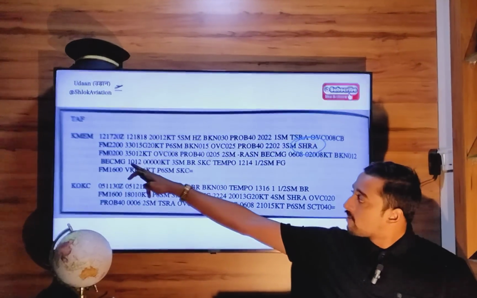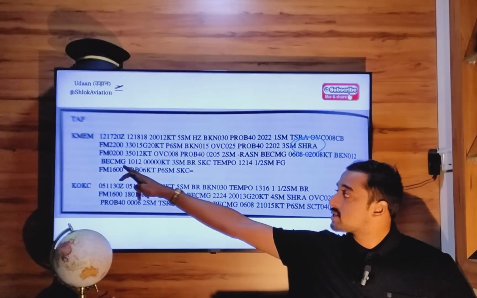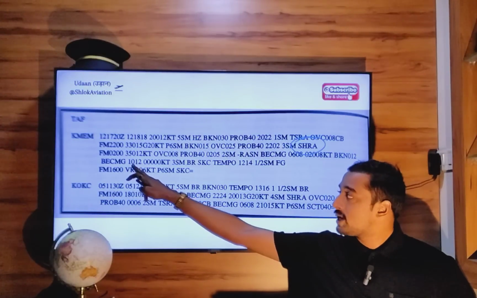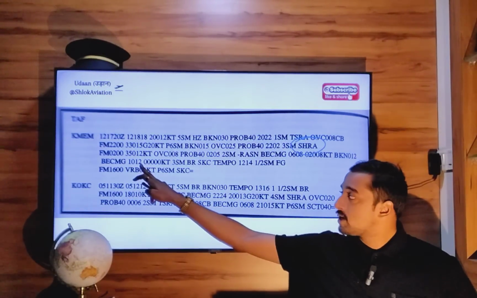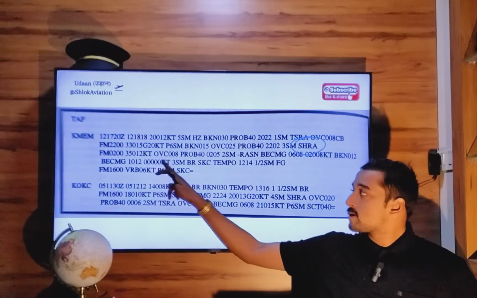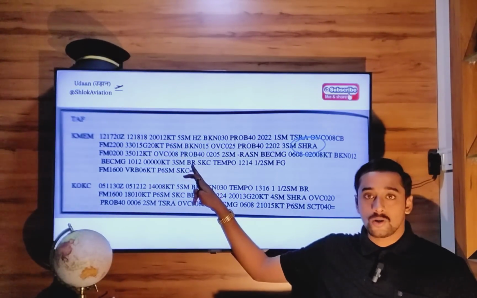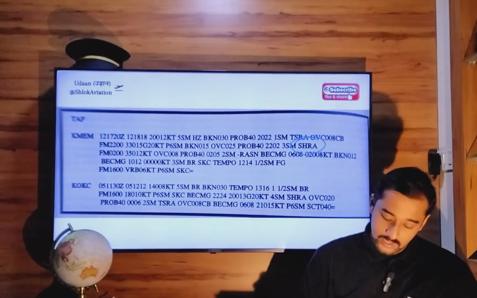So over here, BECMG means becoming. So this weather will change or will become from 10 o'clock to 12 o'clock UTC. You are going to expect changes in wind. Winds are calm, visibility is 3 statute miles. BR, Bravo Romeo, is mist.